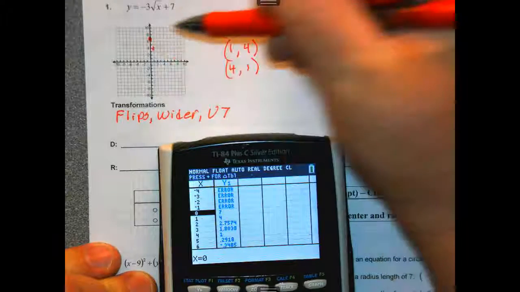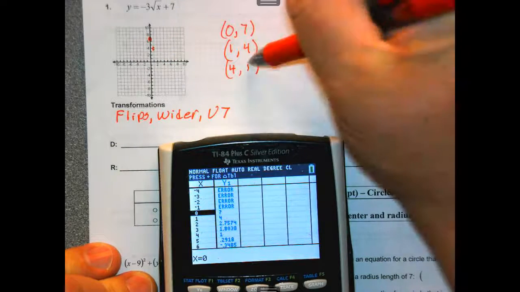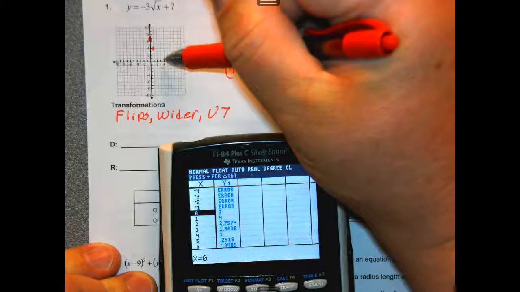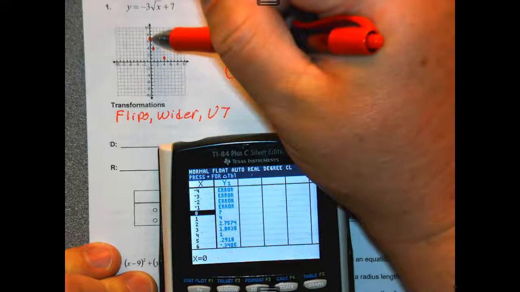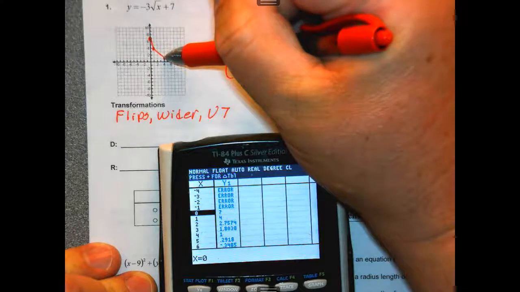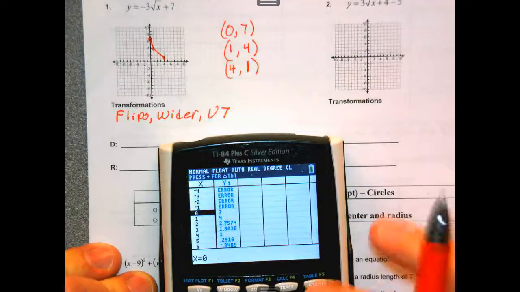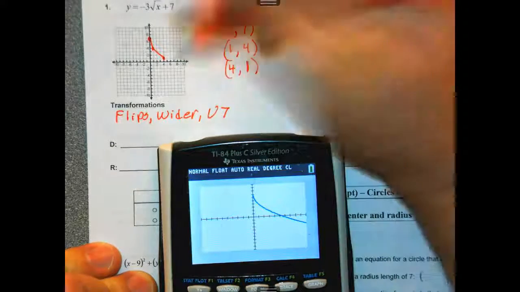Wow, these are really small graphs. Nope. Tomorrow. Yep.